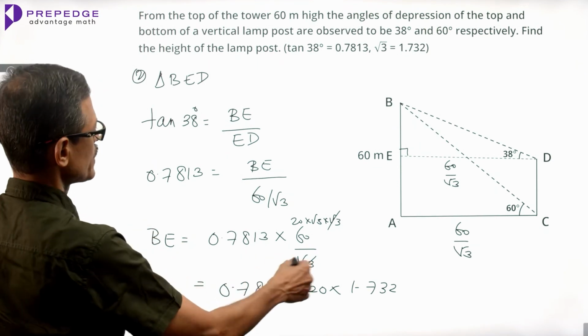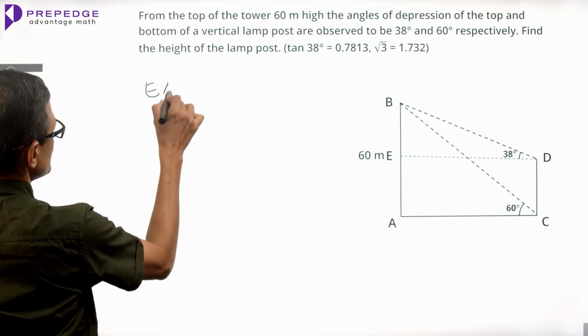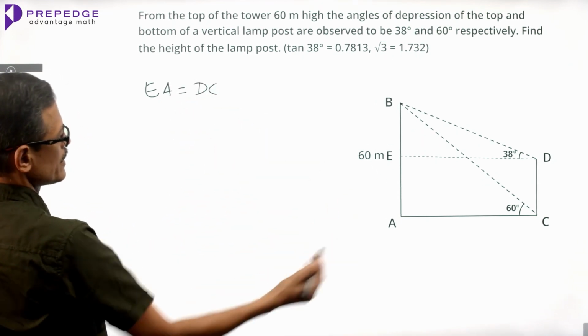So what we need to find out is the value of EA. EA is the same as DC, which is the lamp post.